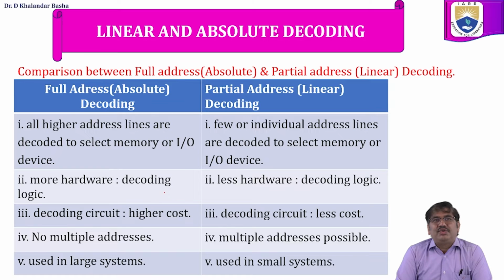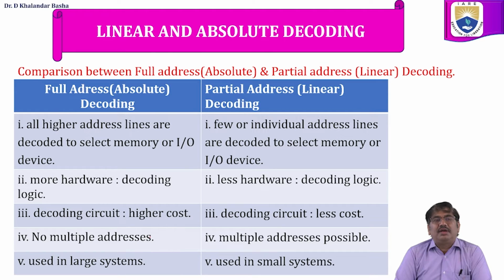In absolute decoding, the decoding mechanism requires more hardware, whereas in partial decoding, the decoding logic requires less hardware. As the hardware is complex in absolute decoding, usually the cost of the decoding system will also be high. Whereas in partial decoding, the decoding circuit will cost less.